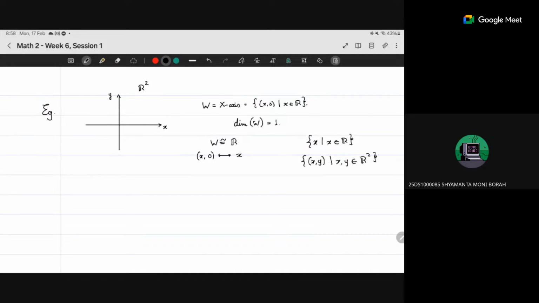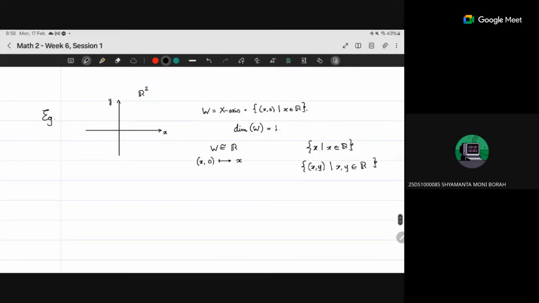One of the spaces has only one component and the other has two components, so this cannot be a subset of that. But there is a copy of R. What do I mean by a copy of R? There is a vector space inside R^2 which is isomorphic to R. So that is one more point to note.